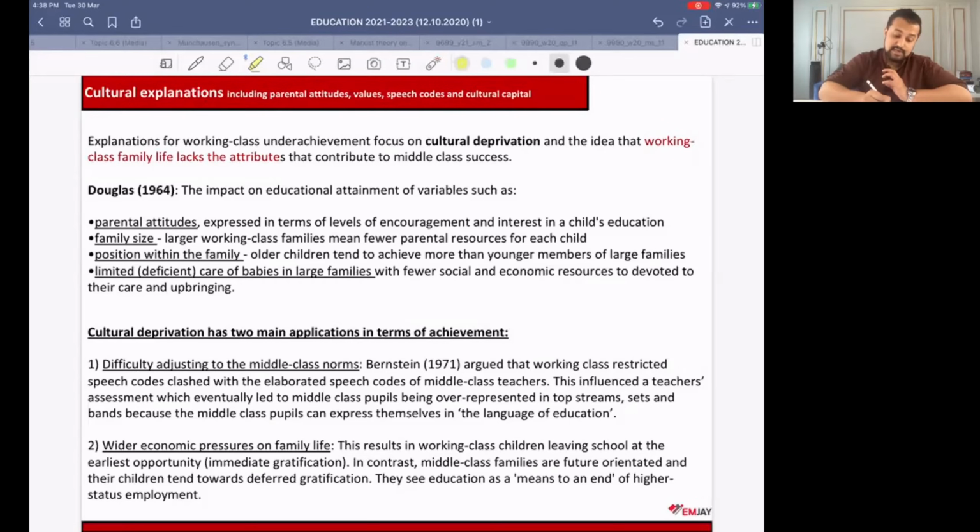There are certain variables that affect the educational attainment, and in this case, we talk about parental attitudes. This is expressed in terms of the levels of encouragement and interest in a child's education. You've seen how middle class parents are so concerned about the child's education if you compare that with a parent from the working class background.